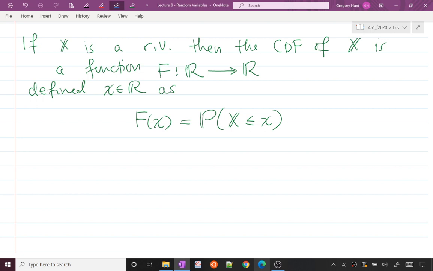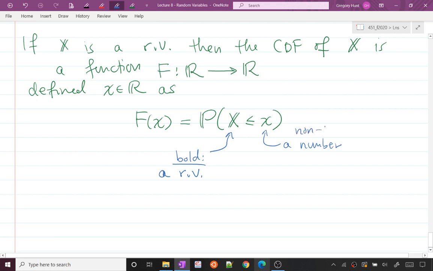Okay, so let's talk again about notation. This is why I've been making this bold x. The bold X is a random variable with all the meaning that comes with it. Little x, non-bold, is a number.